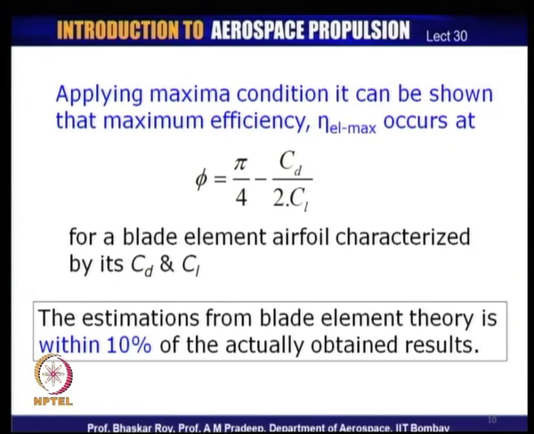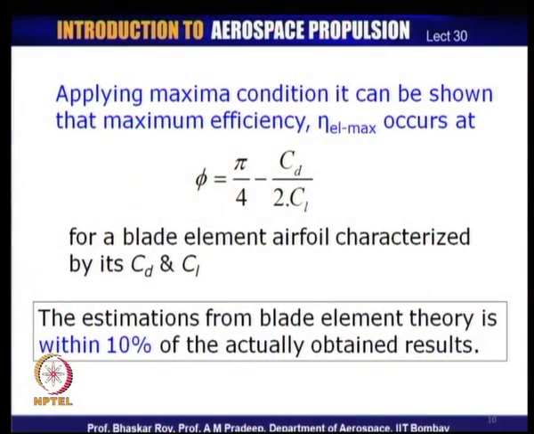It is generally found that all the things that we have been finding, the thrust, the torque, the efficiency and the maximum elemental efficiency, can be found with a reasonable engineering approximation, which normally gives us of the order of 10% approximation, which is a fair approximation to begin with, given the simplicity of the theory, and it allows us to design the propeller and predict the propeller performance with reasonable approximate accuracy.